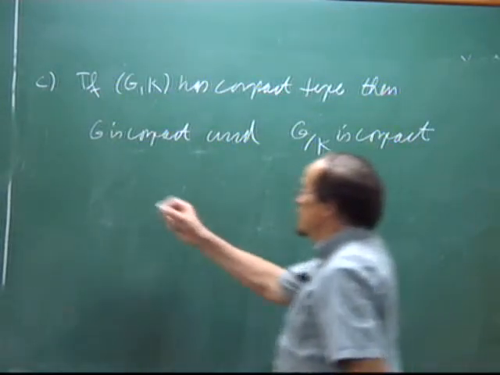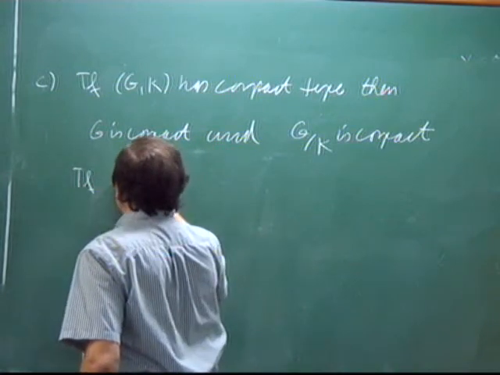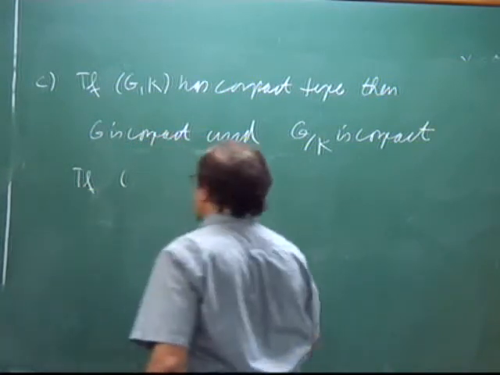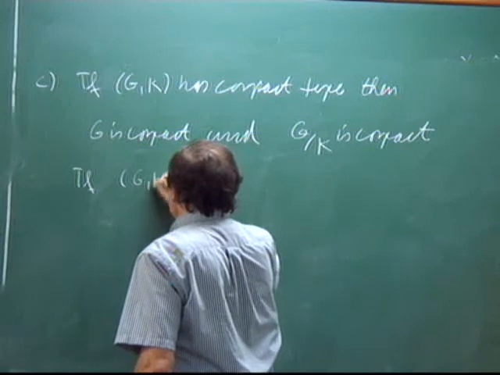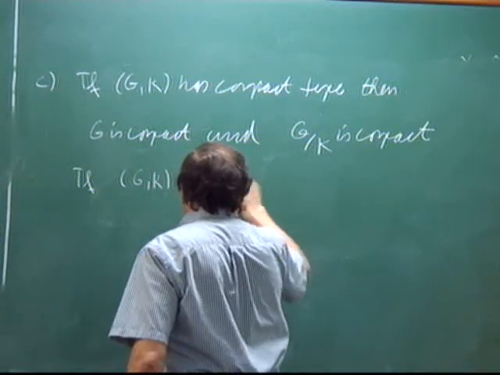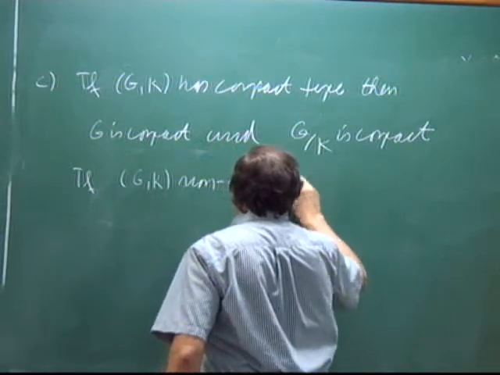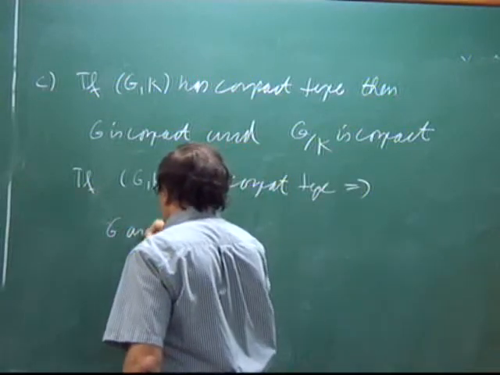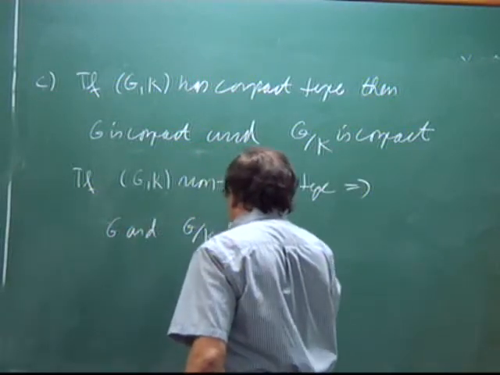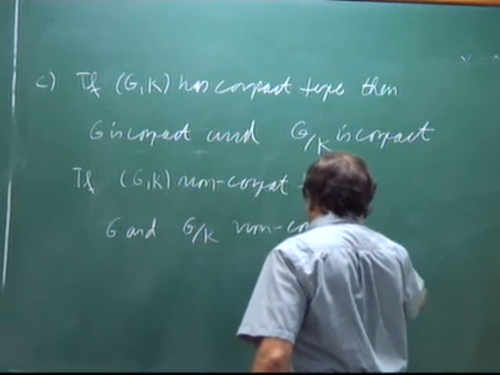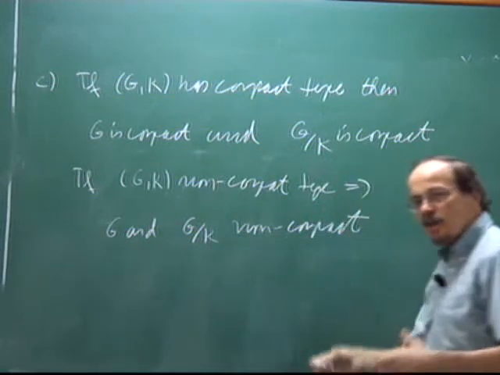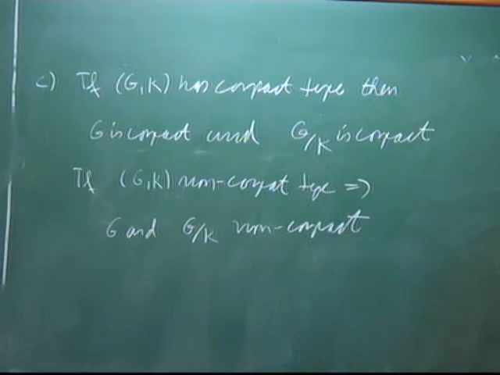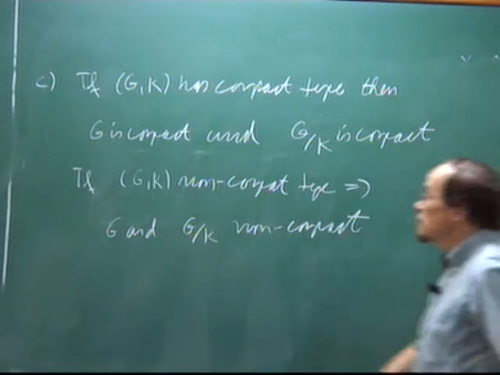Okay. If it's a non-compact type, it's the same thing. So G non-compact type implies G and M non-compact. That's what the name comes from, right? It comes from, is the manifold compact or not? That's compact type and non-compact type.